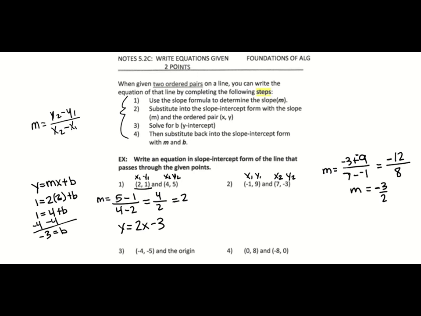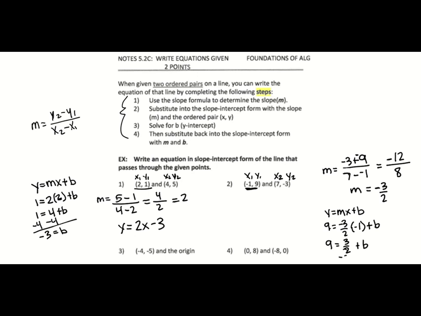Okay, then I'm going to just take my first point and that slope and plug it in to find b. So I get y equals mx plus b. My y is 9, m is negative 3 over 2, and my x is negative 1. I get positive 3 over 2 on this side, plus b.